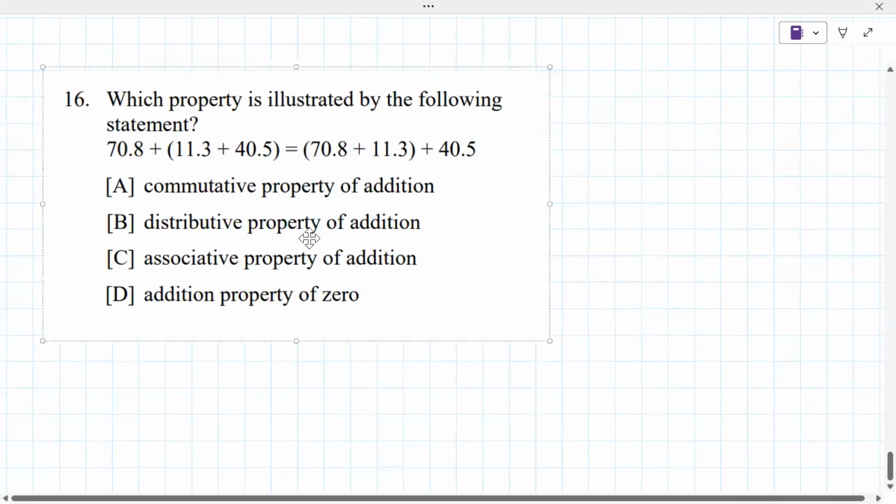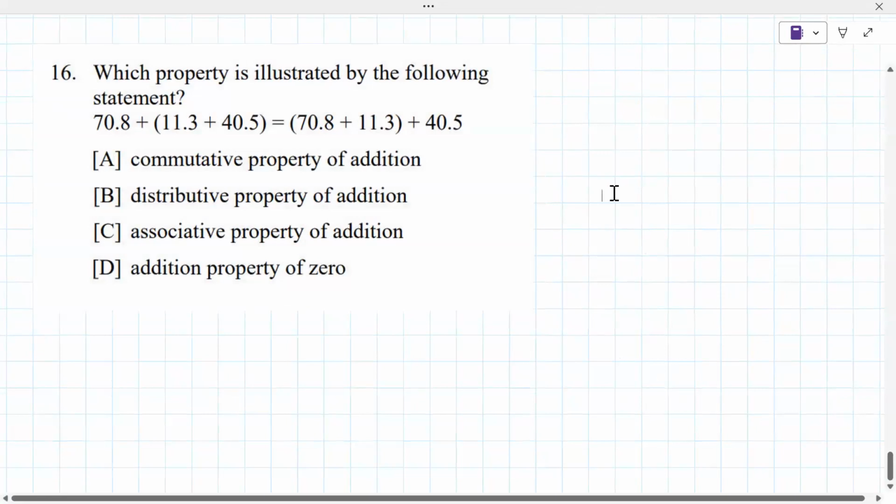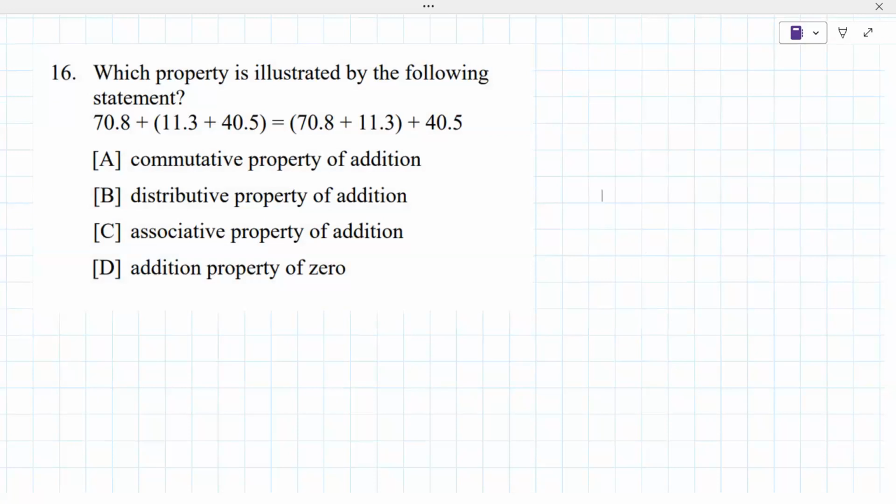I'm going to snip these in. Go ahead and take a look at that. C. Okay. So associative property of addition because they're just moving the parentheses around. Good.